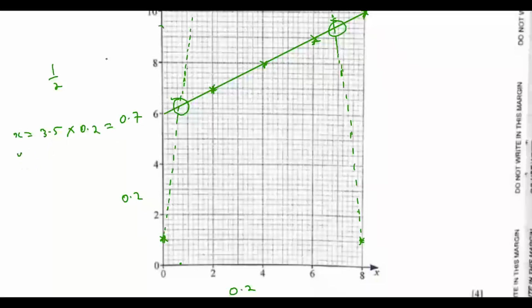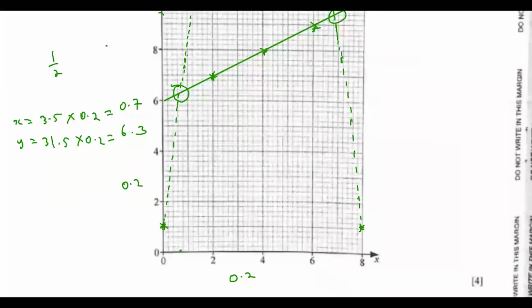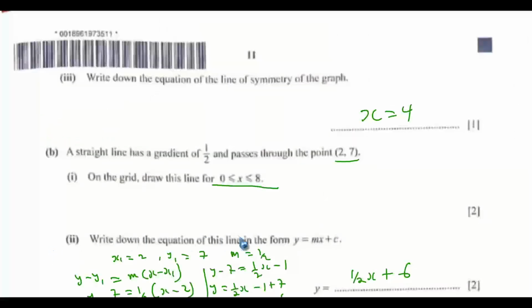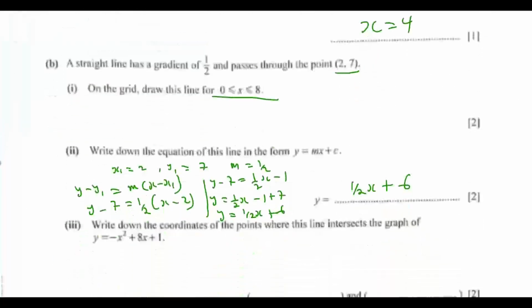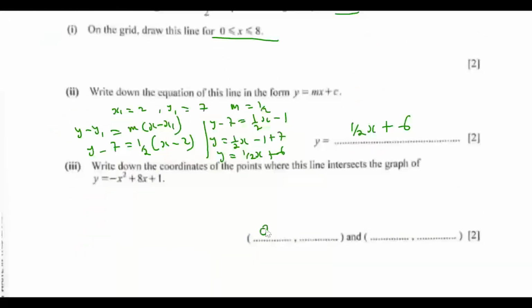So y equals 31.5 multiplied by 0.2, which gives us 6.3. So let's use this: x equals 0.7, then y equals 6.3. So that is the first one.